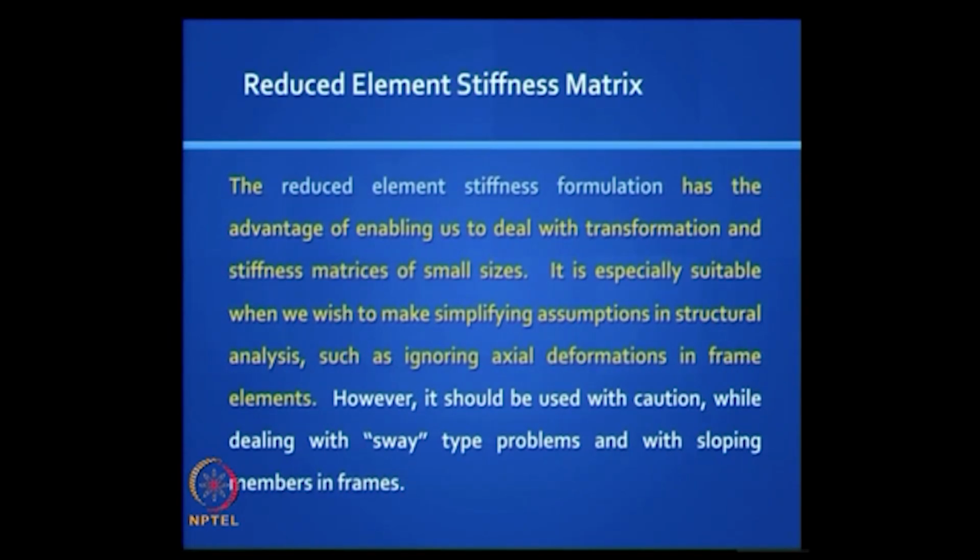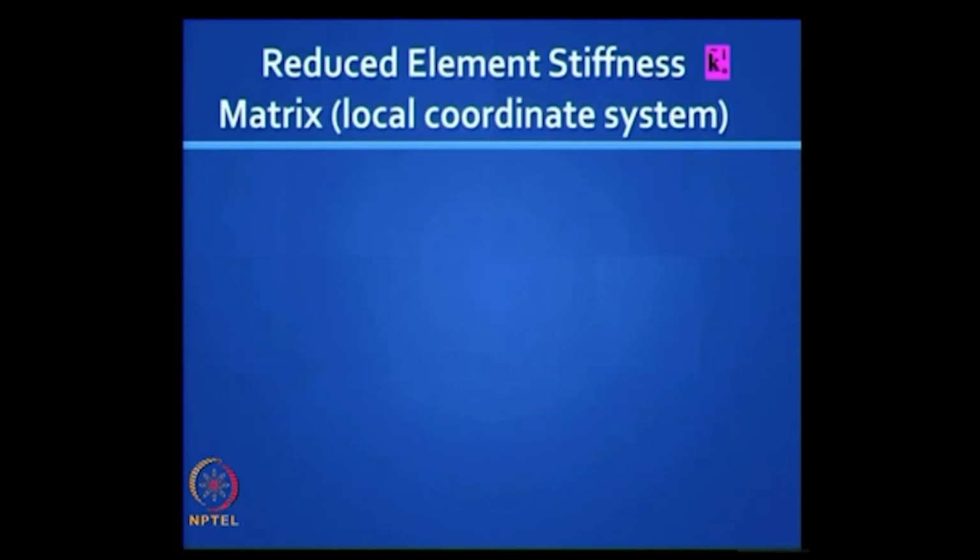However, it should be used with caution when dealing with sway type problems and those treacherous problems we have seen where the columns are sloping. There you have to use extra brain work, not worth it, might as well use a software way of doing it, okay. So you must use the right instrument for the right occasion. You don't use an elephant to drive a small nail, but we end up doing that.